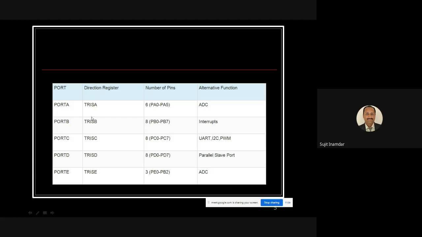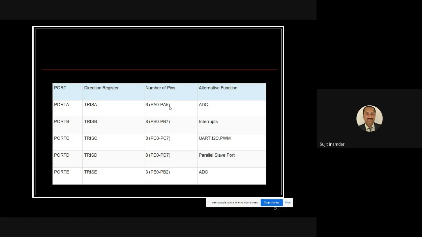Each port has a certain number of pins or bits, given in this third column. Port A is RA0 to RA5, so a total of 6 pins. After that, port B has 8 pins, port C 8 pins, port D 8 pins, and port E has only 3 pins.